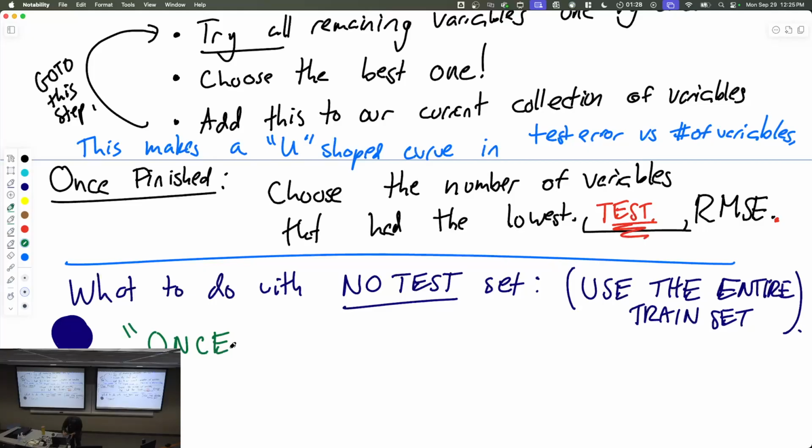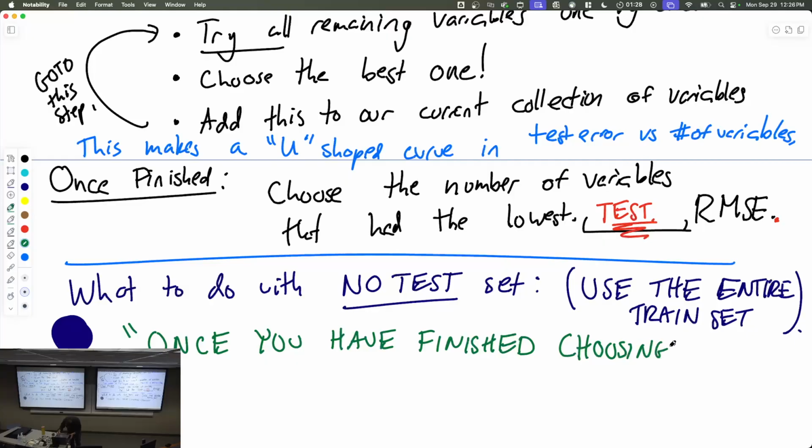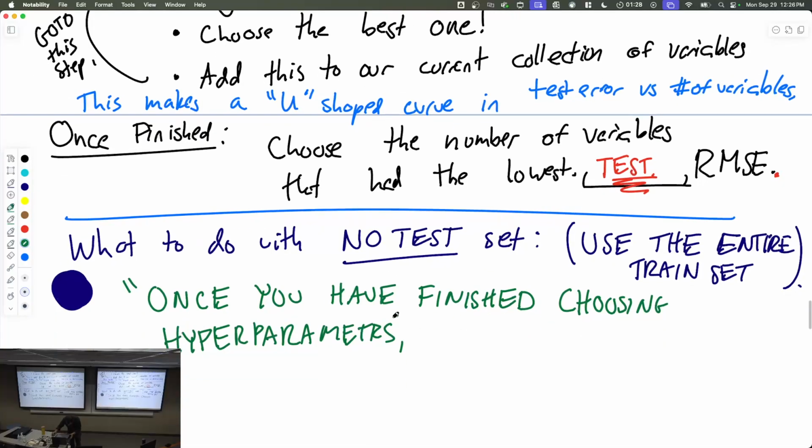Once you have finished making choices, and we gave a name to these things, we called them hyperparameters. So I will call them hyperparameters. Once you have finished choosing hyperparameters, in this problem, the way we set it up, there is one hyperparameter, which is the number of variables.